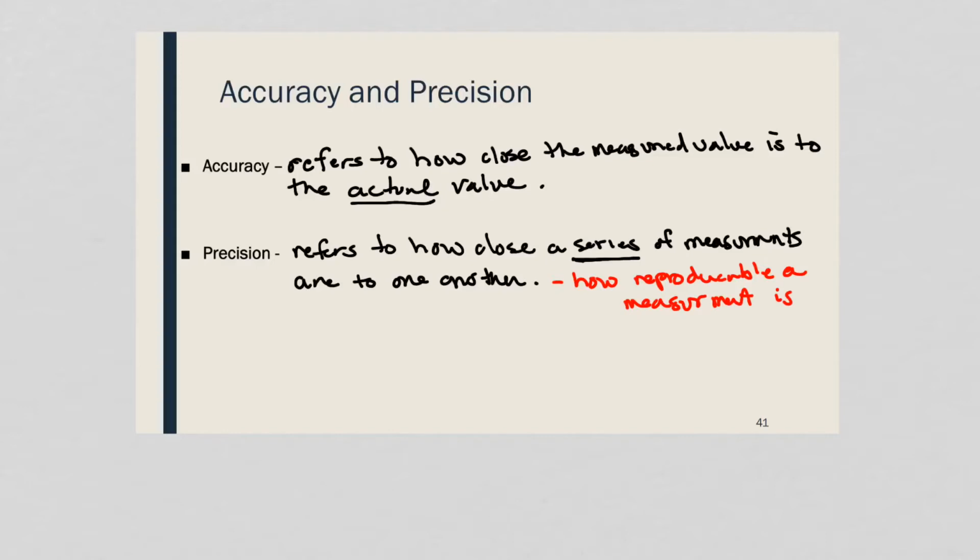So, accuracy versus precision. We want to make sure that we understand the differences between those and not just use them interchangeably. So accuracy, how close you are to a target value or to the actual value, and precision, how reproducible a series of measurements are. In other words, how close they are to each other.